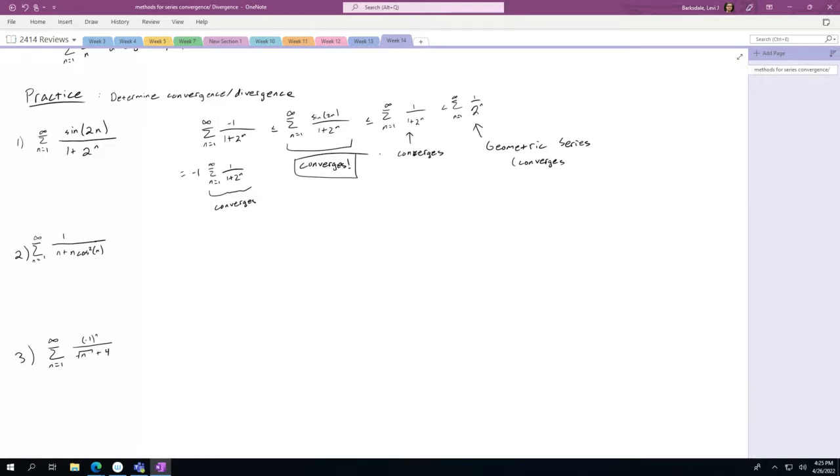So I compared it to 1/n. That might have been jumping various steps. Okay, so you're saying 1/(n plus n cosine squared of n) is bigger than 1/n? I would agree with that. Sorry, bigger than, right? Yes.